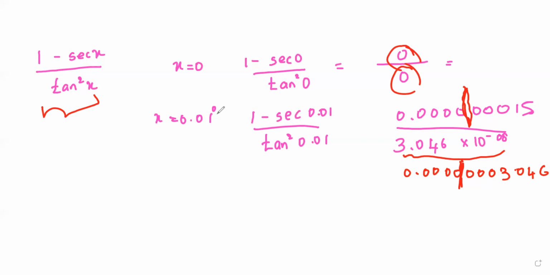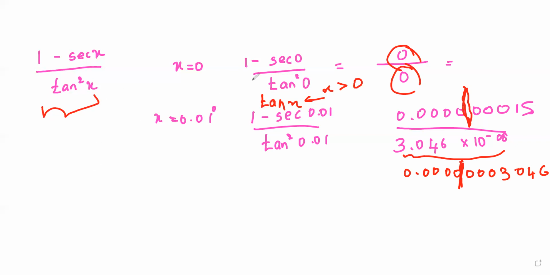So how to do that? We are going to use trigonometric functions to change this format, where we can cancel out the 1 minus sec as well as tan x. If x is very much greater than 0, we can actually use this equation. It won't cause a problem for us.